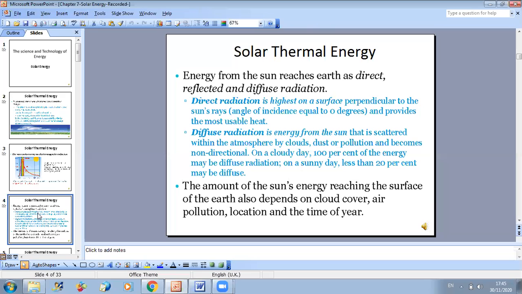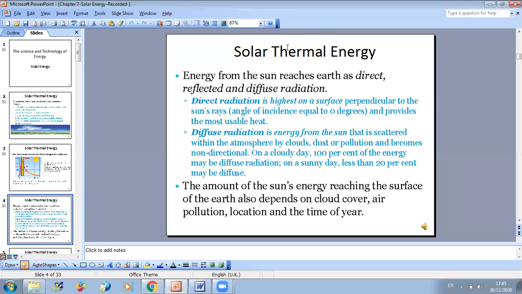Now, on a cloudy day, sometimes we can have 100% of the energy transmitted by diffuse radiation, because if you have a lot of clouds, no percentage will be able to reach the Earth directly. And in this case, we say that 100% is diffuse radiation. In other cases, we have a mixture between direct and diffuse radiation.